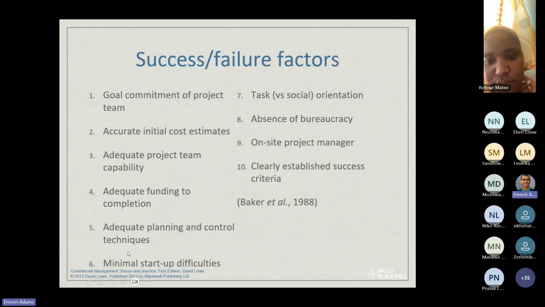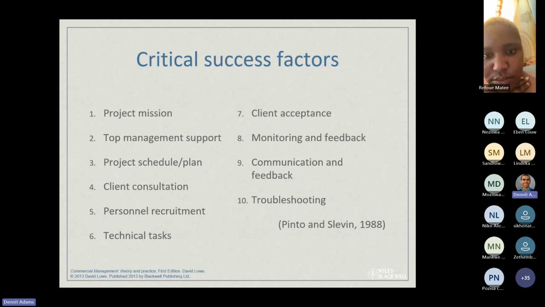So Baker basically puts forth that if you do all of these things well, you will be successful. If you do them poorly, it will cause failure of the project. Also on-site project manager, supervision, absence of bureaucracy, task versus social orientation, etc.